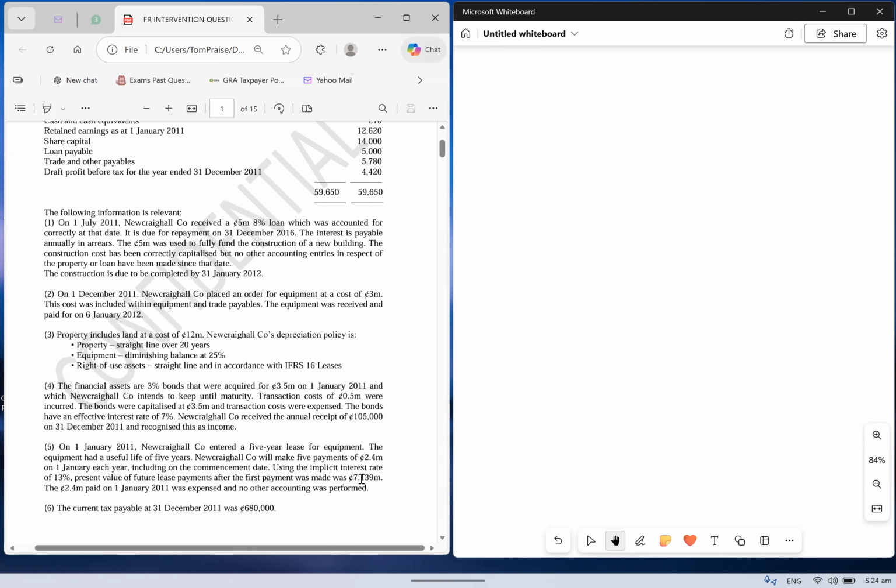It is due for repayment on 31st December 2016. The interest is payable annually in arrears. The 5 million was used to fully fund the construction of a new building.